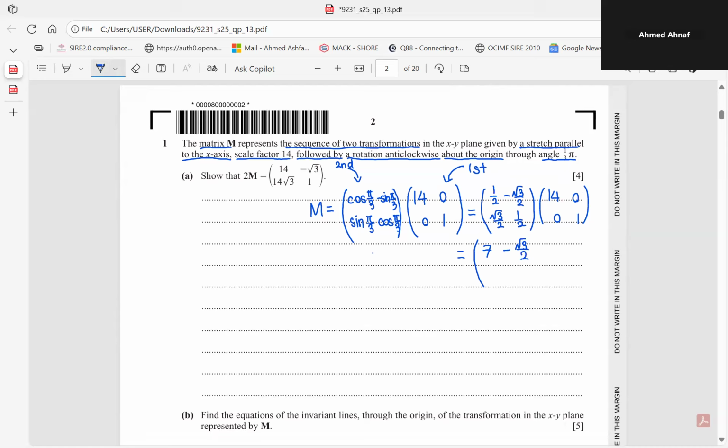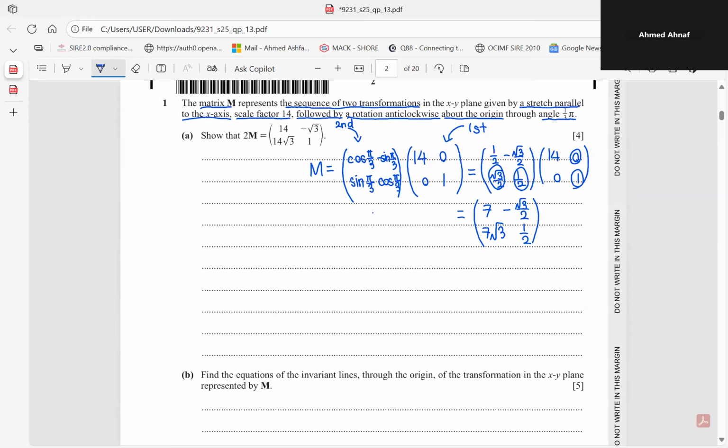This would just be square root 3 over 2 times 14 plus half times 0, which gives you 7 square root 3. And then for the final element, multiply the second row by the second column of the second matrix. So this would be square root 3 over 2 times 0 plus half times 1, which gives you half.